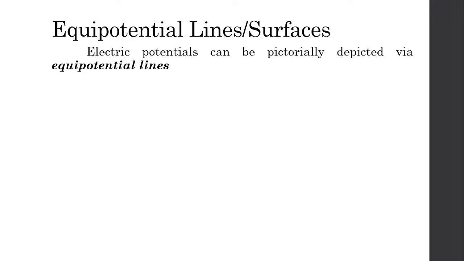Now let's talk about equipotential lines. Electric potentials can be pictorially depicted via equipotential lines. Much like electric field, we can actually draw these.